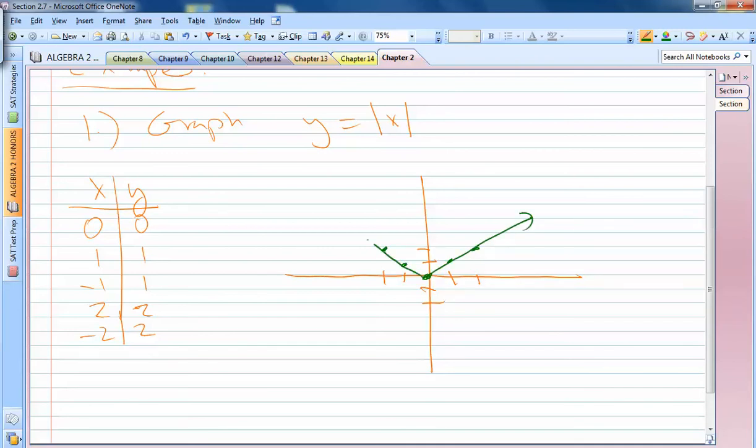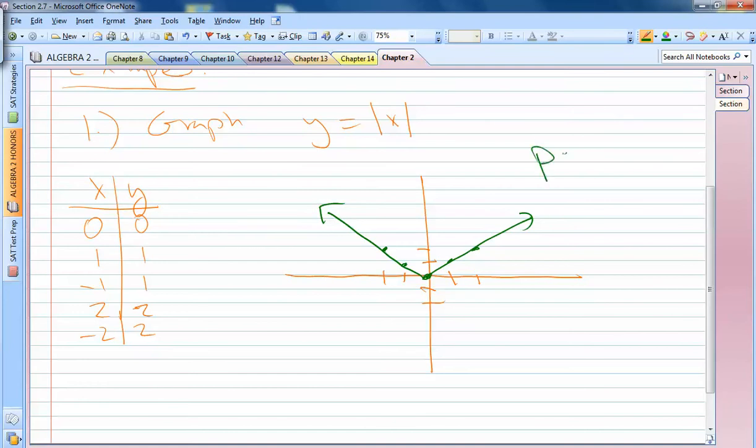And what will happen is that when we graph the absolute value function, it's actually going to take on the shape of a V. It's kind of like a parabola, but not curved. You have straight edges. So that's basically how an absolute value function will look.